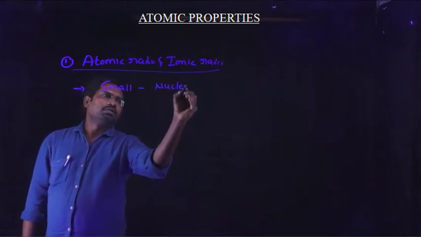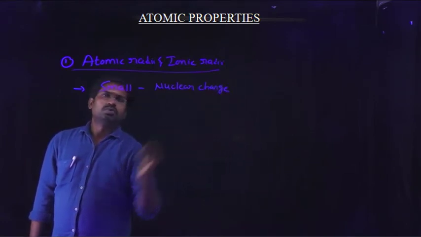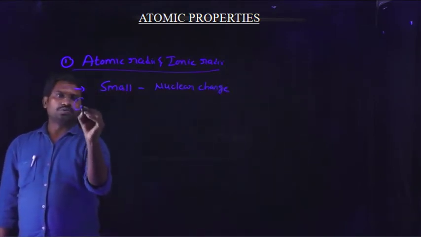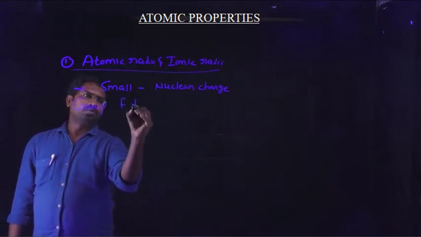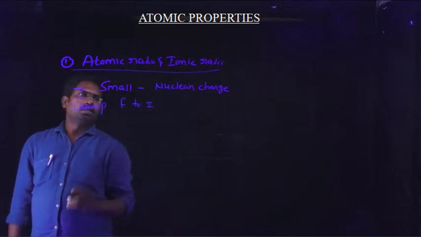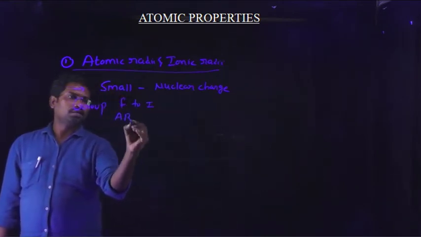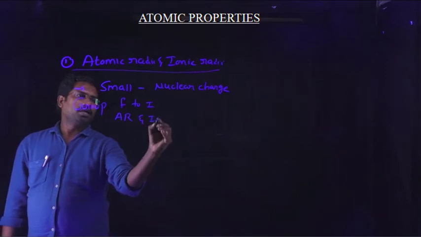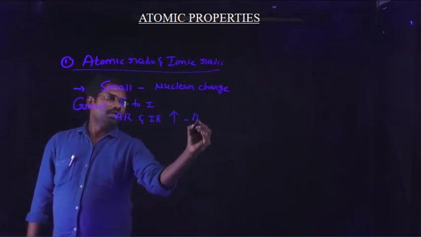In group 17, from fluorine to iodine, the atomic radii and ionic radii increase with increasing atomic size.